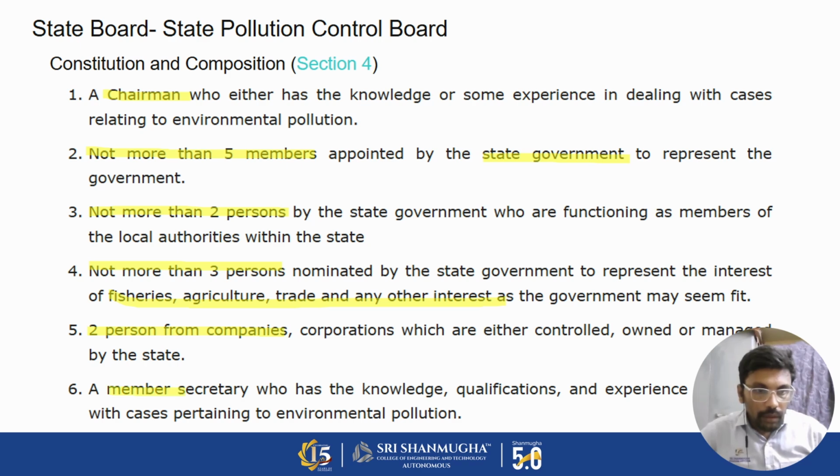The same point as we discussed in the CPCB column, right? So these are the composition of SPCB, the State Pollution Control Board, under Section 4. CPCB means under Section 16, right? We already discussed.